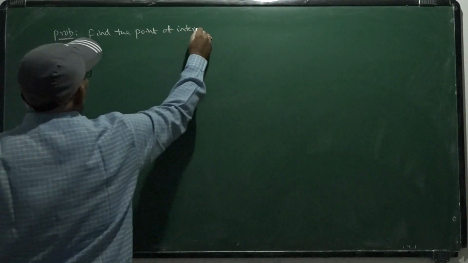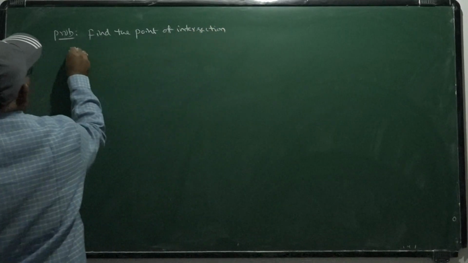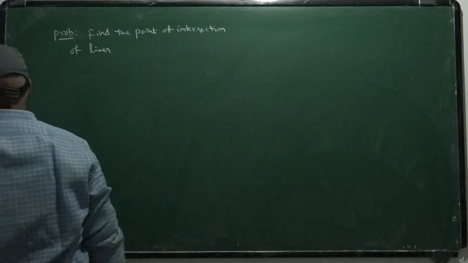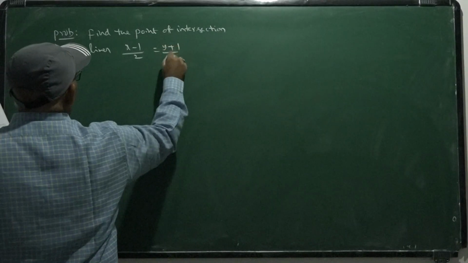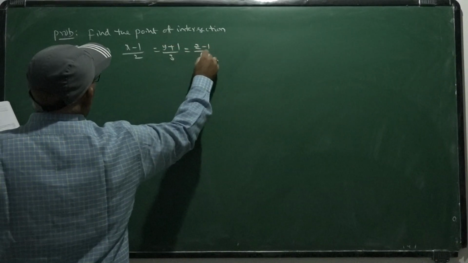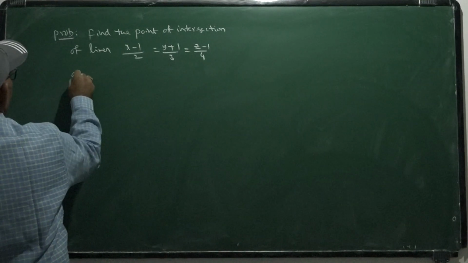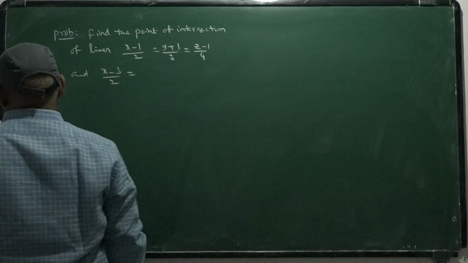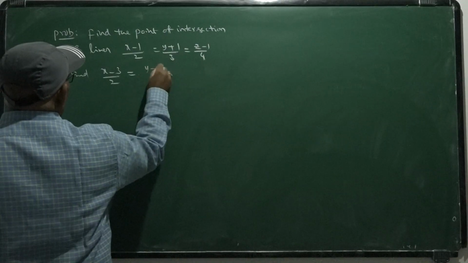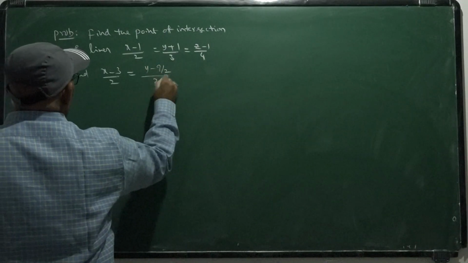Next problem. Find the point of intersection of the lines (x minus 1) by 2 equal to (y plus 1) by 3 equal to (z minus 1) by 4, and (x minus 3) by 2 equal to (y minus 9) by 2 equal to z by 1.